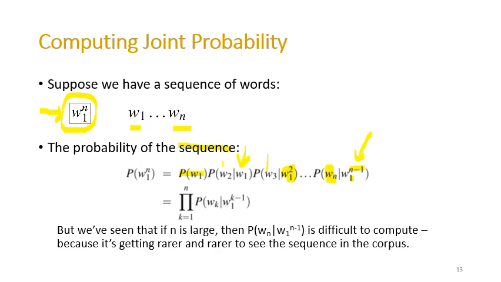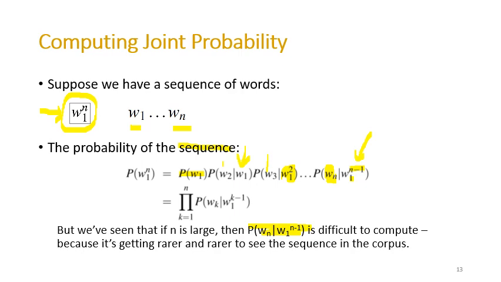And then we have seen before that if n is large, then this is difficult to compute because it is getting rarer and rarer to see those sequences in the corpus, right? If you have a longer sequence of words, then it is less likely to appear in the documents already.